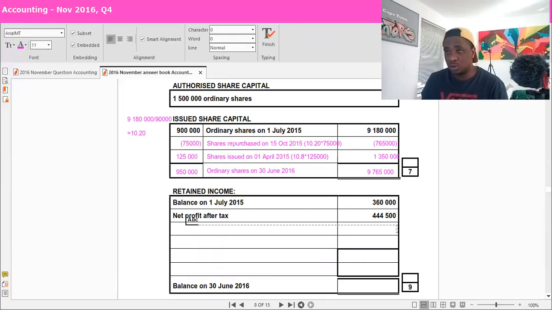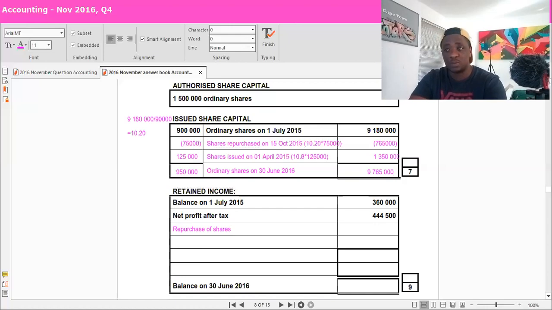And then moving on to the next question, which wants us to work out the retained income note. One thing that we already know, because they've given us the opening balance and the net profit, is that the thing that follows is the repurchase of shares. We know that the shares were repurchased for 10.70, but the average issue price is 10.20.